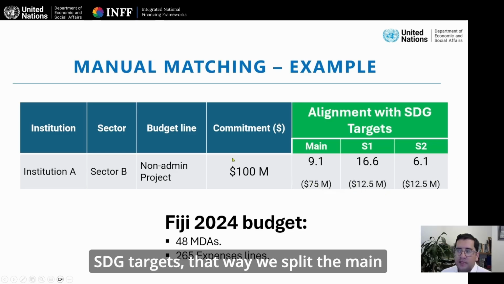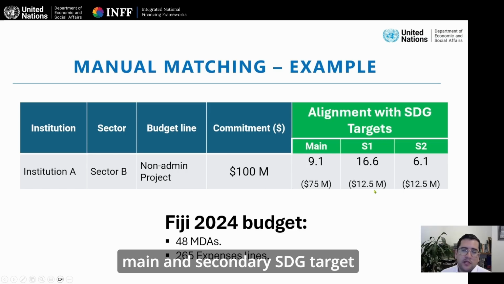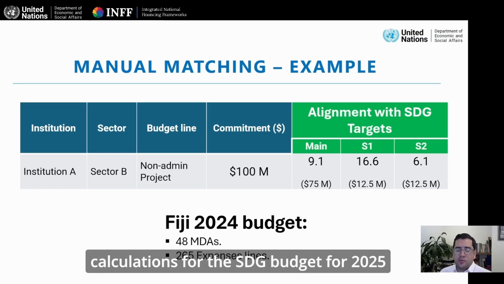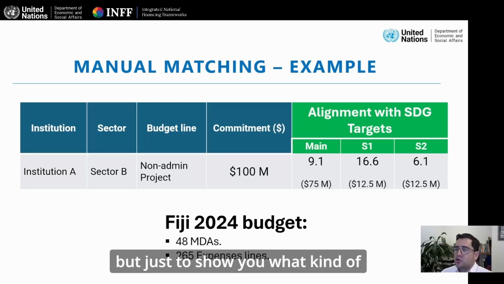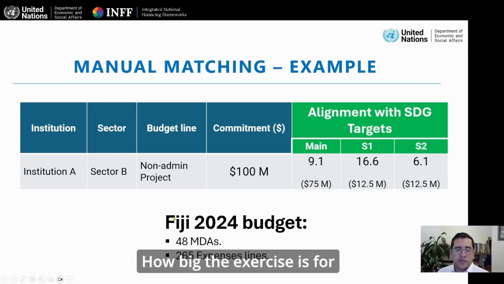That way we split the main resource that we see for each budget line into main and secondary SDG targets. I know we already have calculations for the SDG budget tag for 2025, but just to show you how big the exercise is.